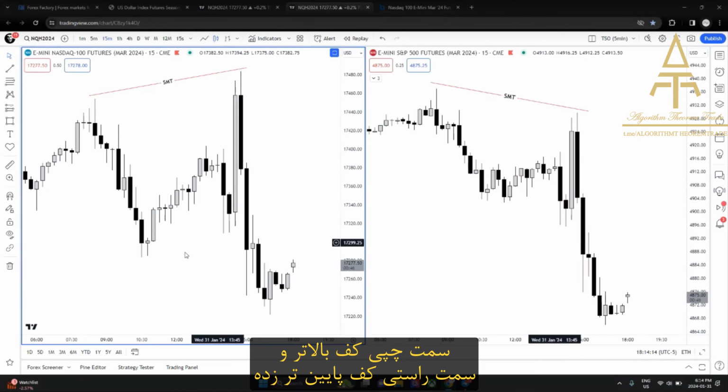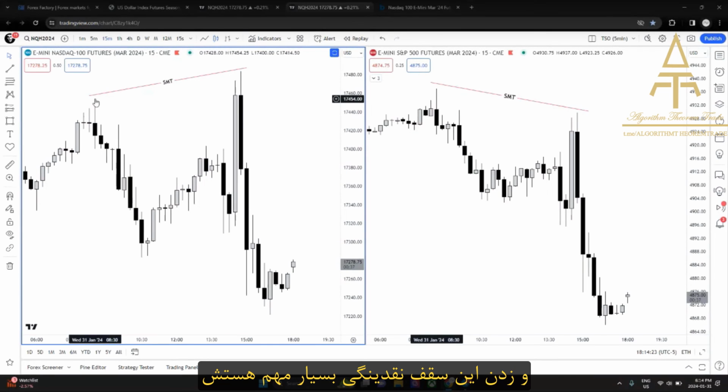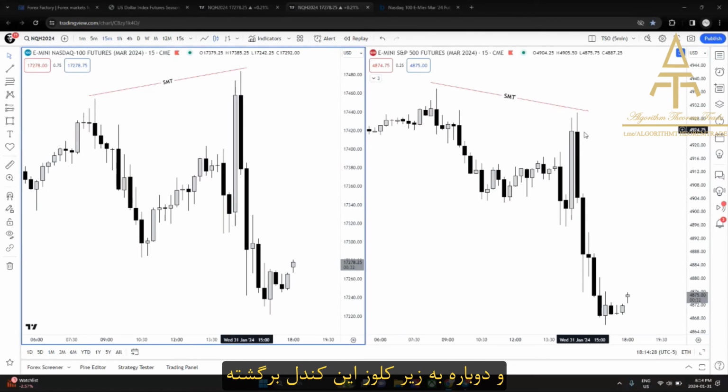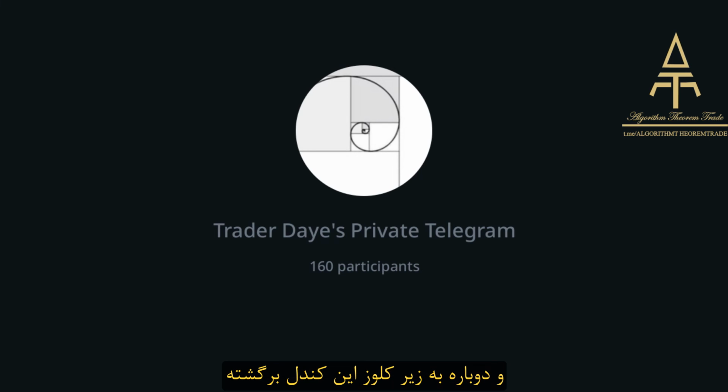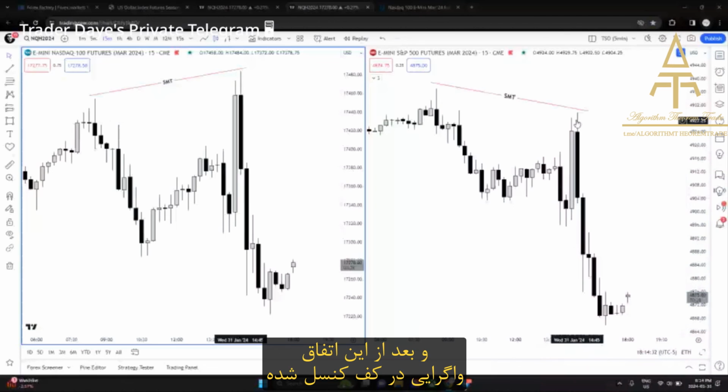You had SMT right here below, where this made a lower low and this made a higher low. It rallied. After price cleared this high, which was very significant, and this one failed to do so, break back, traded back below the close of this candle, then this was canceled.